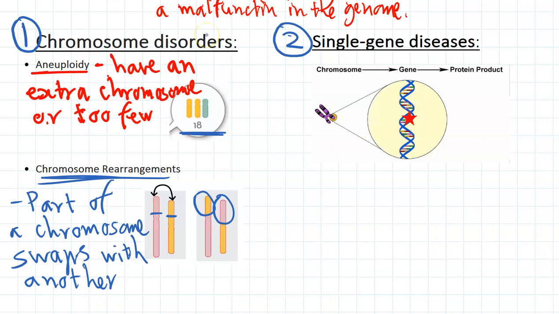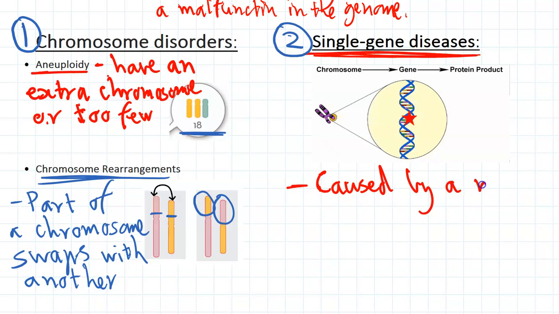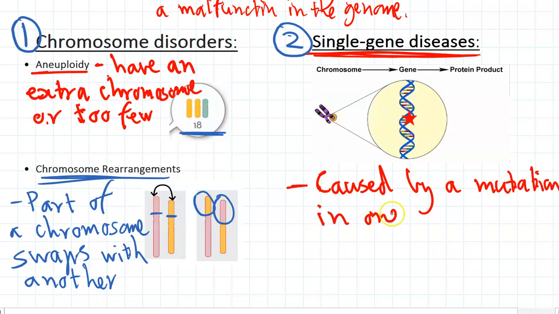So that's chromosome disorders. Probably the most common one actually though is single gene diseases. So these diseases are caused by a mutation in just one of the bases, or a few bases in only one gene. So caused by a mutation in one base of a gene.